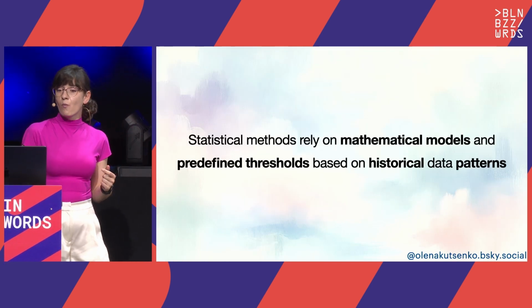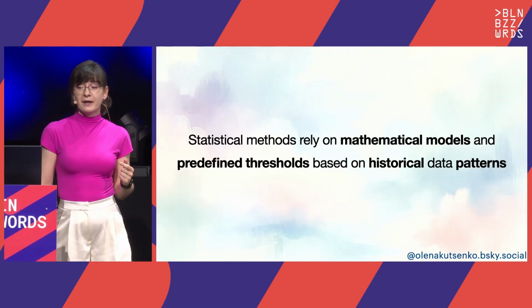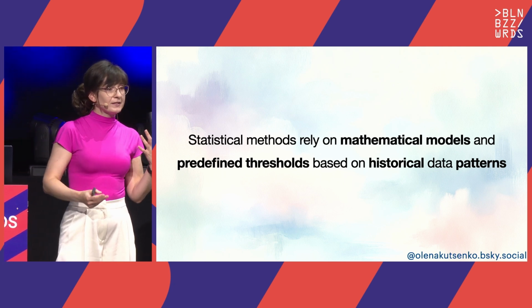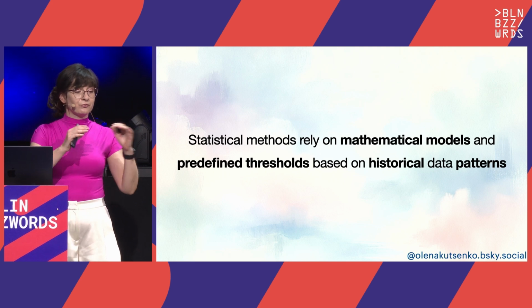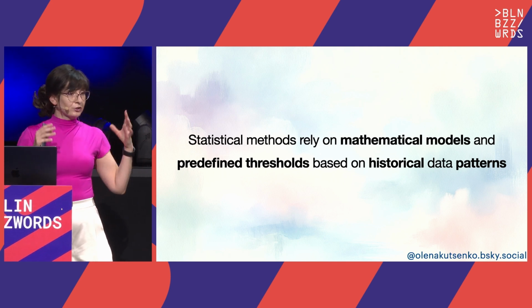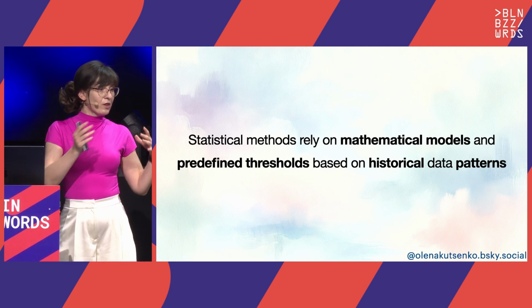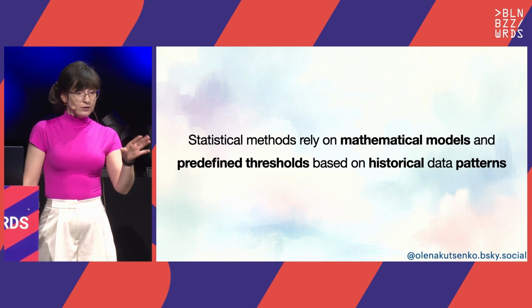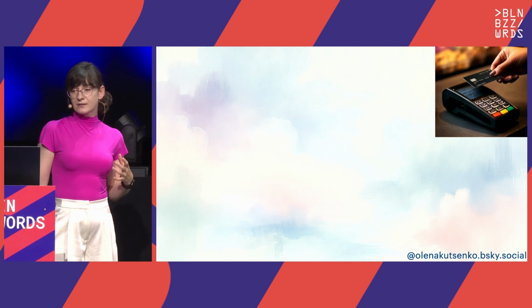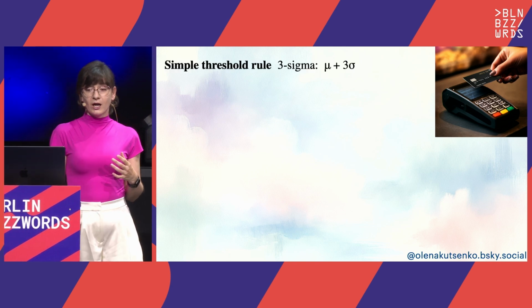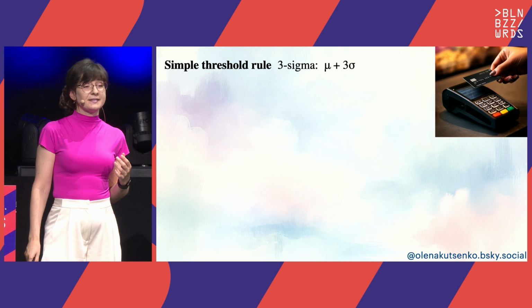So statistical models rely on mathematical formulas or mathematical models to use predefined thresholds based on historical data patterns. So it's more about math here. Still, we can do quite a lot. And going from the most simple use case, for example, we can use what is called the 3 sigma rule.